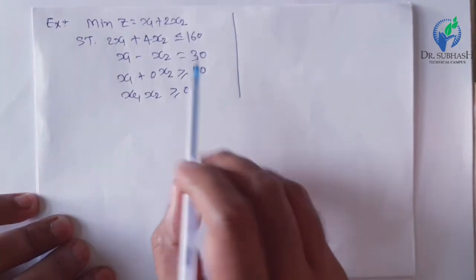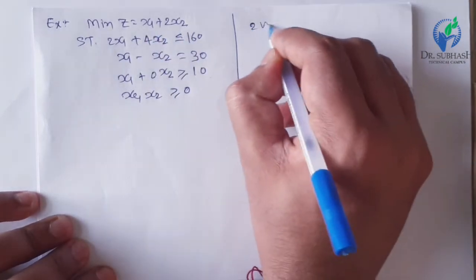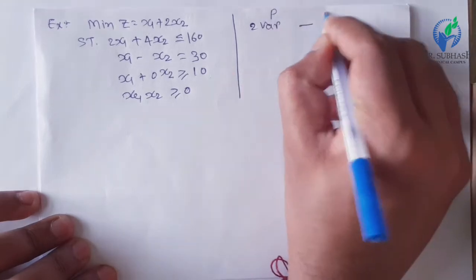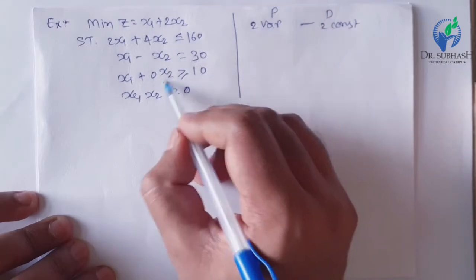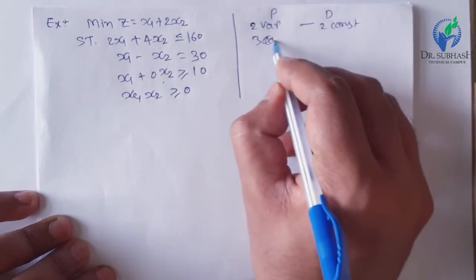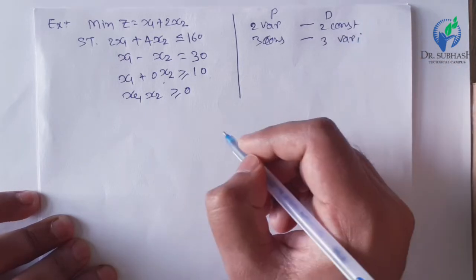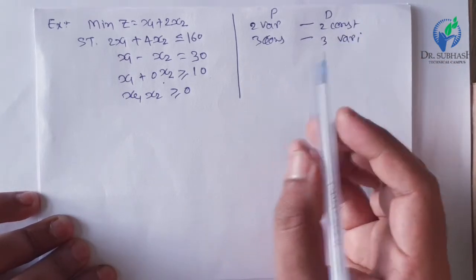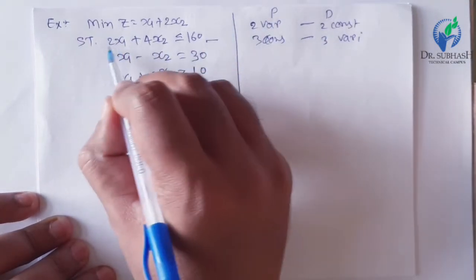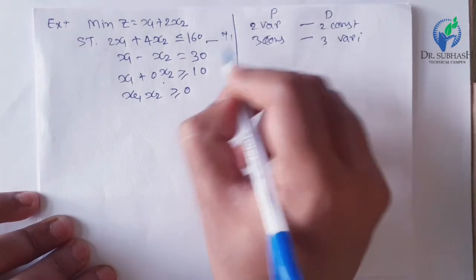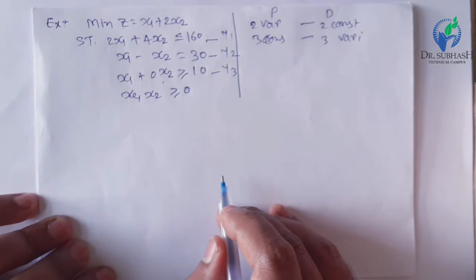Now here consider there are two decision variables x1 and x2, so two variables. This is the primal, this is the dual. In the dual, there are two constraints. Here we have constraints 1, 2 and 3, and in the dual there will be 3 variables. So let us understand, the variable related to the first constraint will be y1, for the second constraint will be y2, third constraint will be y3.